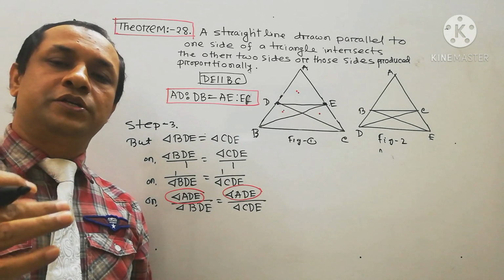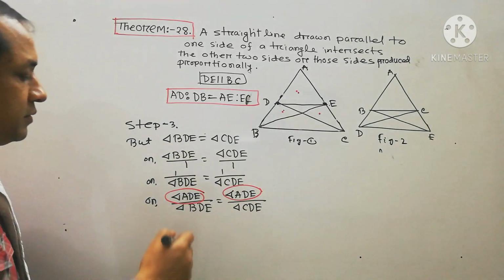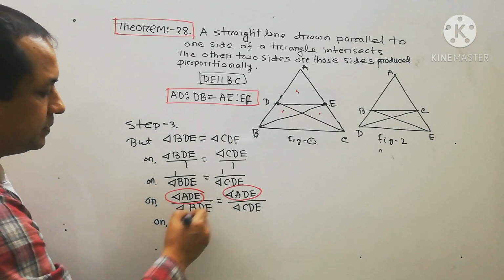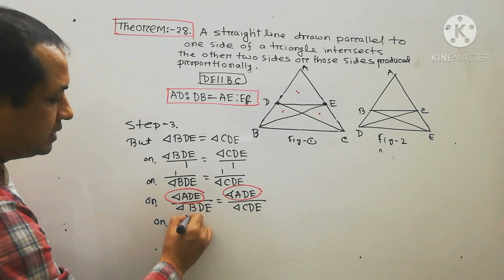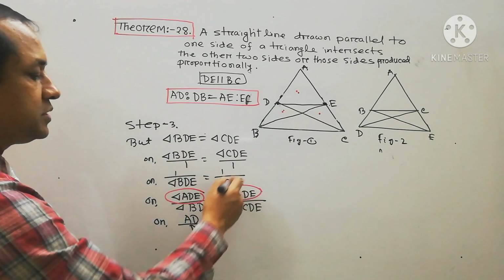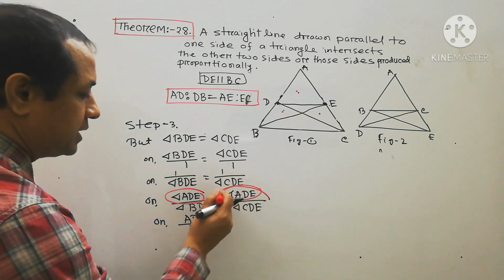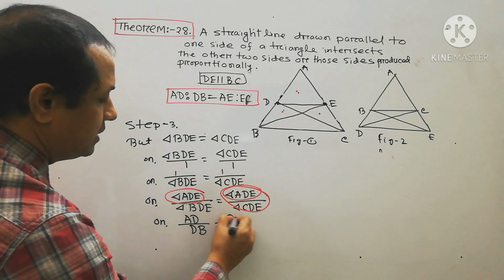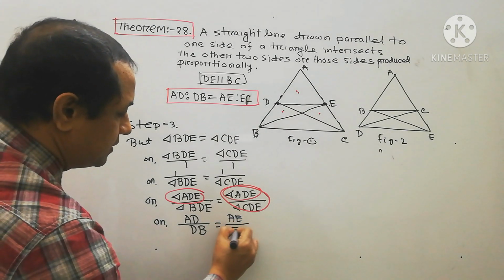Now from equation 1 and 2 we get: from equation 1, triangle ADE by triangle BDE equals AD by DB, and from equation 2, triangle ADE by triangle CDE equals AE by EC.